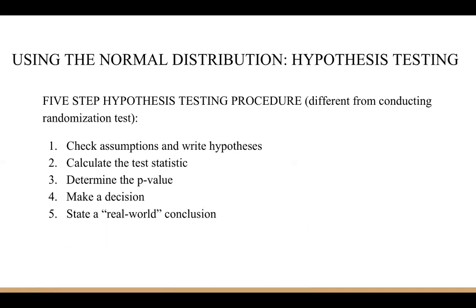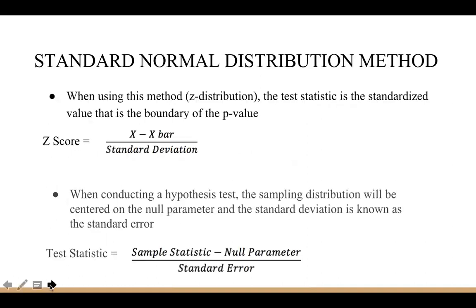If it meets the assumptions, you can write your hypotheses, and then calculate the test statistic. Based on the test statistic, you determine your p-value, and based on the p-value, you decide whether to reject or fail to reject the null hypothesis. Then you state a real-world conclusion, which puts everything back in the context of the original problem.